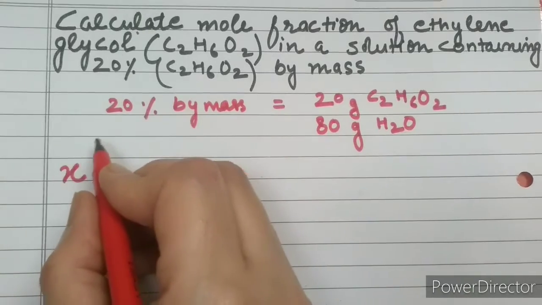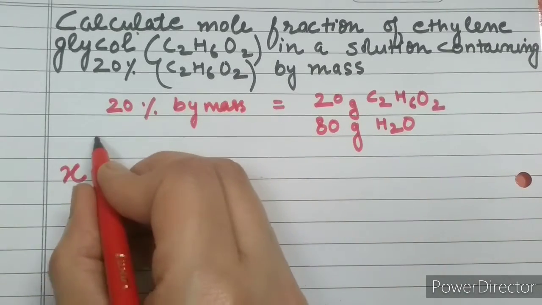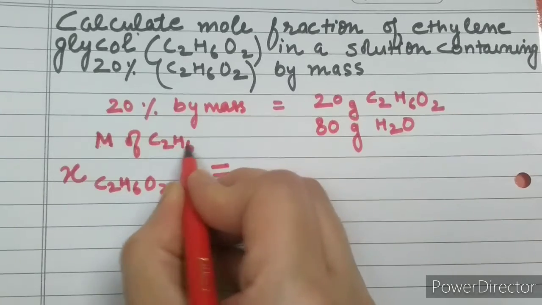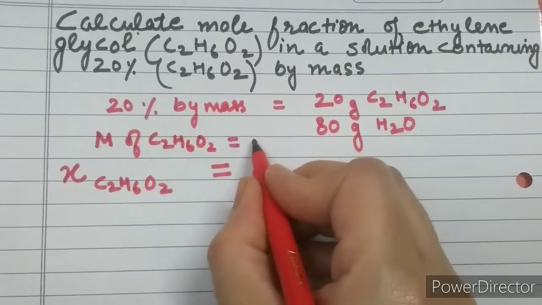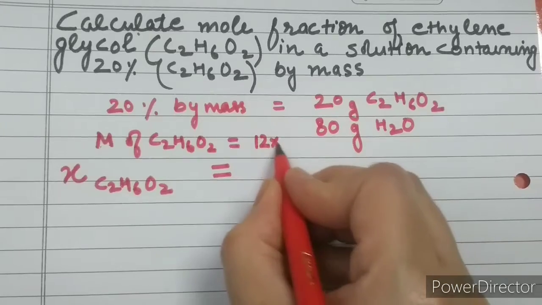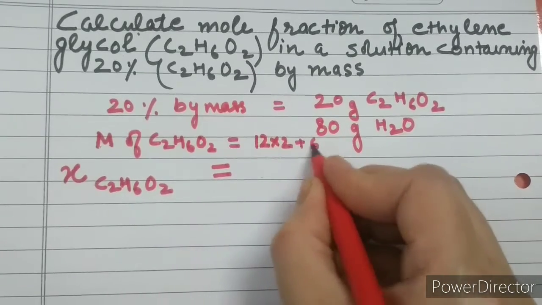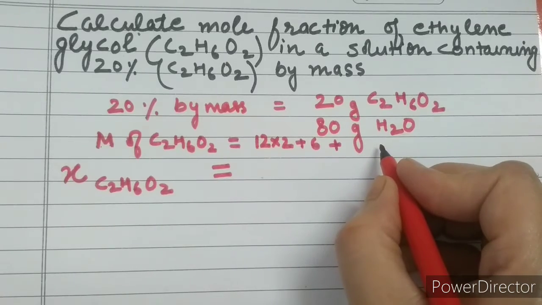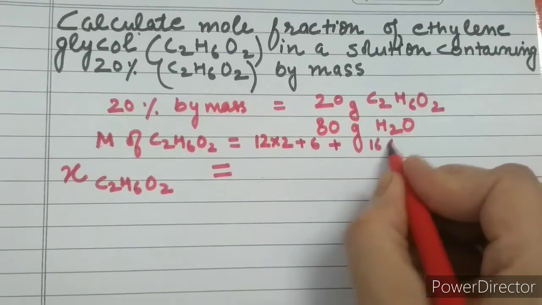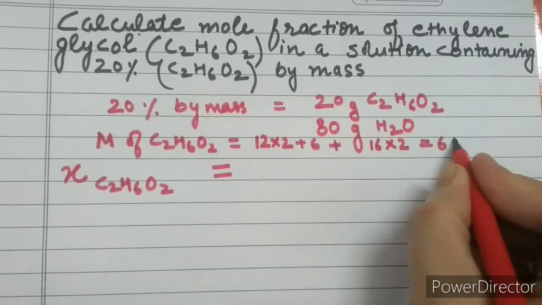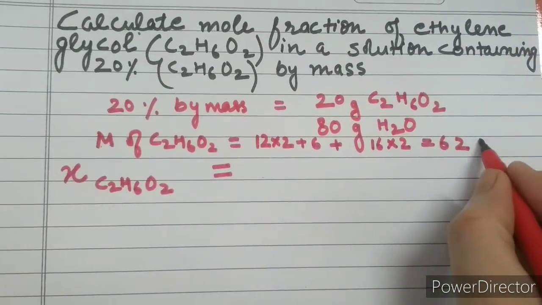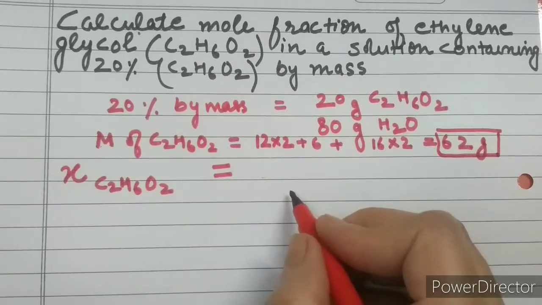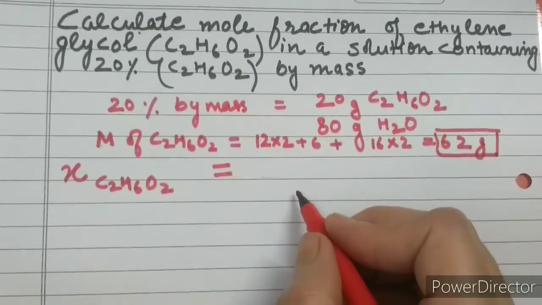So for the number of moles, we'll need the molar mass of solute, C2H6O2, which is equal to carbon 12 into 2, plus hydrogen 6, plus oxygen 16 into 2. On solving, this comes out to be 62. So 62 grams is the molar mass of solute, and we know the molar mass of water is 18.